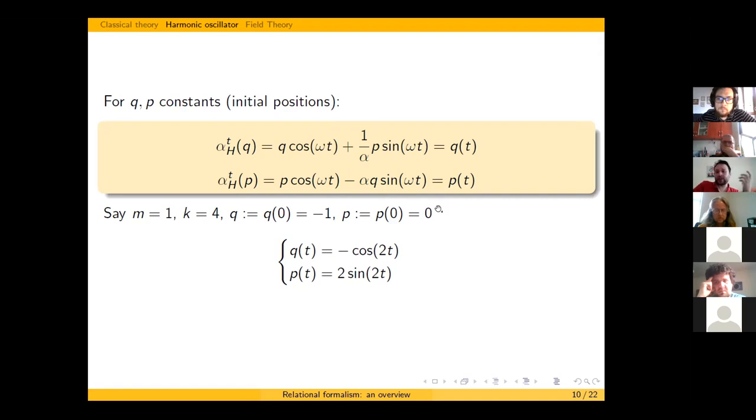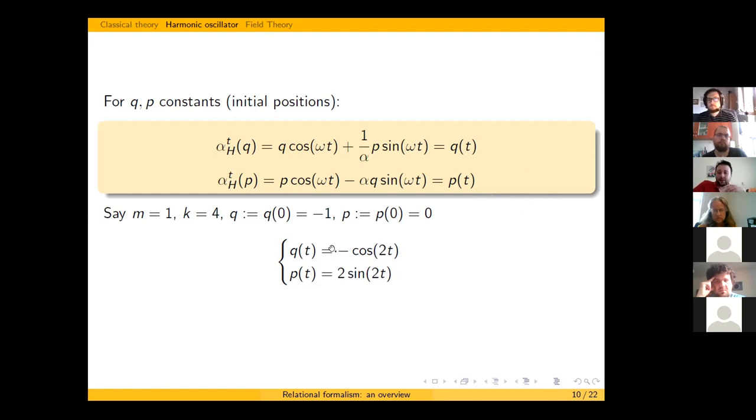For example, we can also take the Hamiltonian itself as a partial observable. But then, of course, nothing changes, because the Hamiltonian is conserved. So the Poisson bracket between the Hamiltonian and the Hamiltonian itself is 0. Also, we can calculate, for example, the kinetic energy or the potential, it doesn't matter.